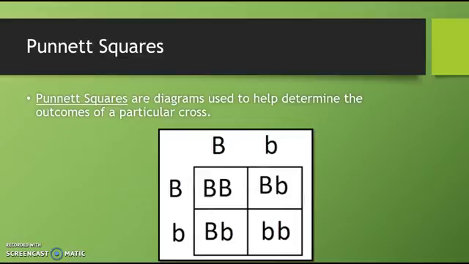Lastly, we have Punnett squares. Punnett squares are diagrams used to help determine the outcomes of a particular cross. So this would be the mom's genes, and this would be the dad's genes. How you do it is this B would slide down, and this B would slide over, and same with each one.